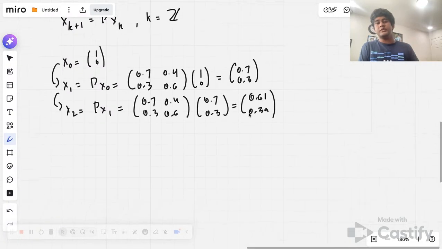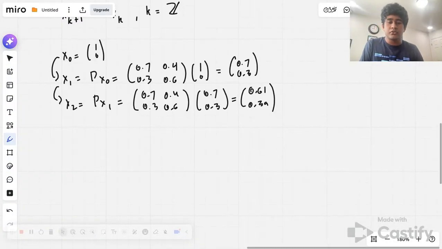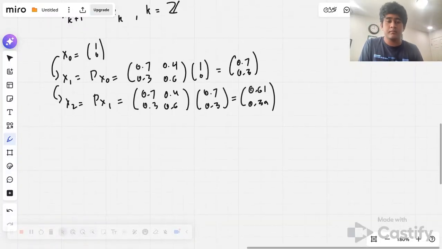And what does this mean, right? This means that after 2 tosses, there's a 61% chance of heads. And if we keep doing this, actually the vectors won't change anymore. And they'll reach some equilibrium called a steady state, and we call this vector our steady state vector, right?